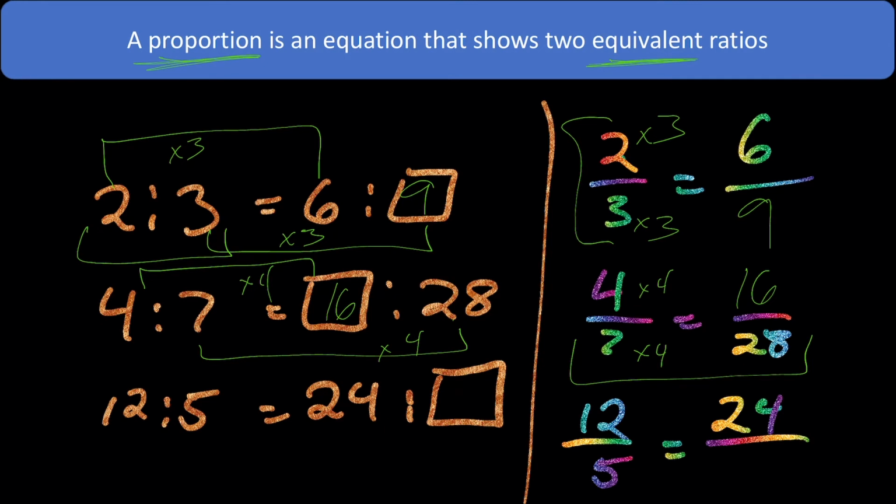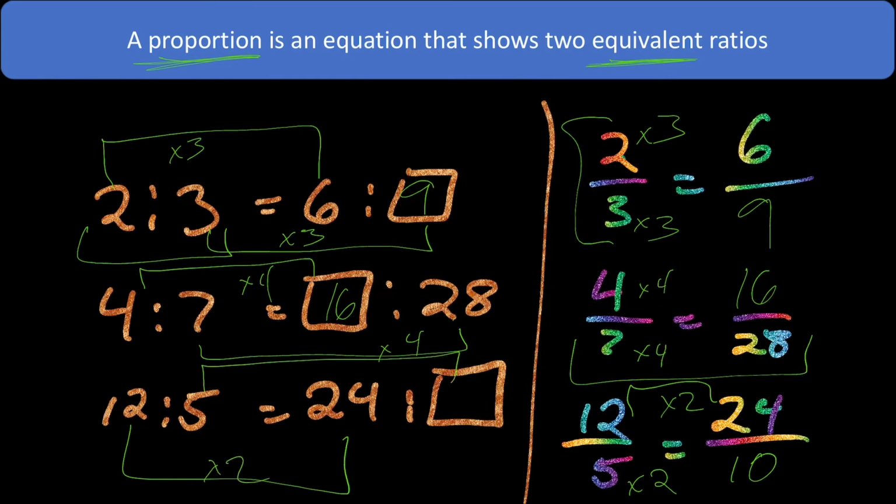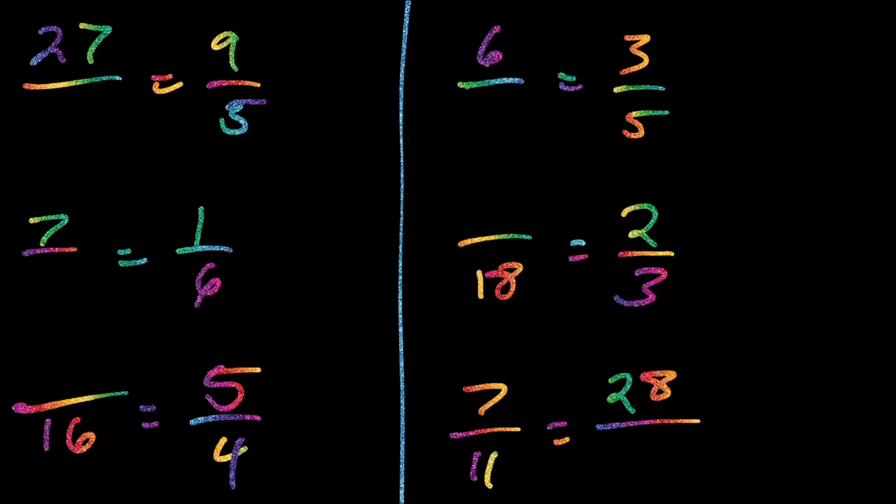Again here, I'd multiply the numerator by 2 to get to 24. So I'd have to multiply the denominator by 2, and I would get 10, so it would be 24 tenths. Now, to get from 12 to 24, I'd multiply by 2, so I have to multiply this by 2.